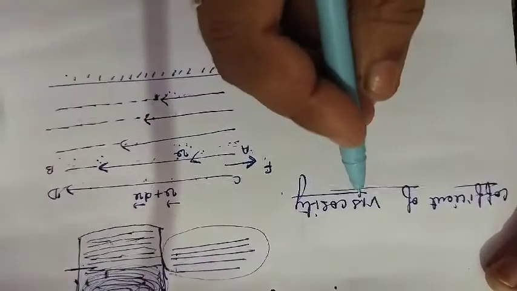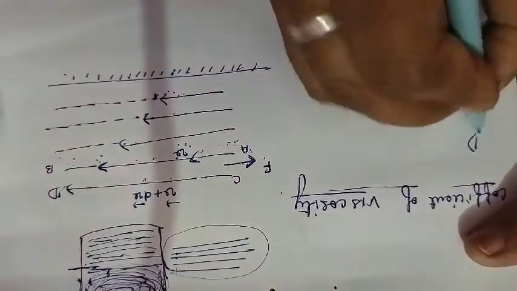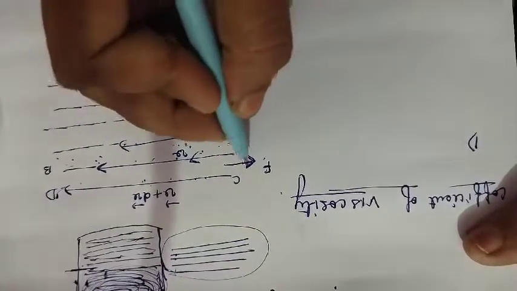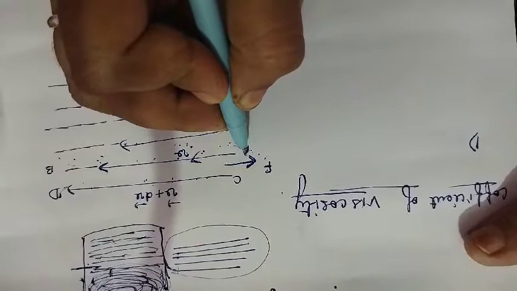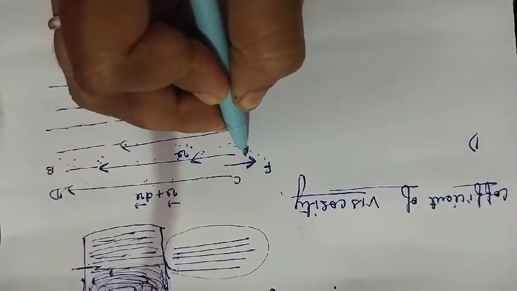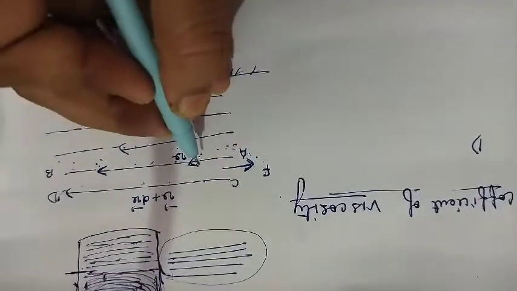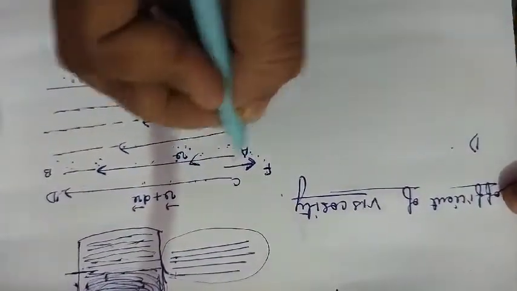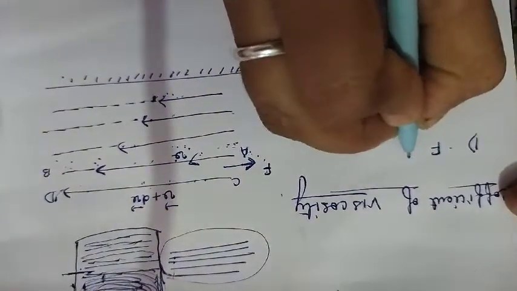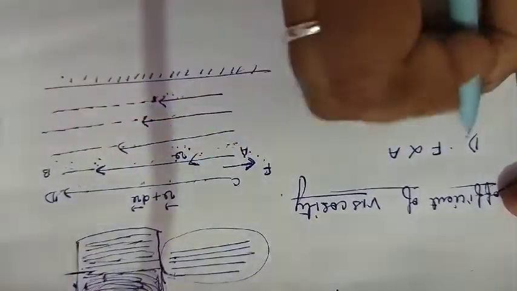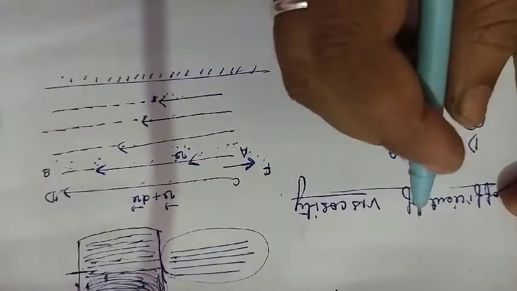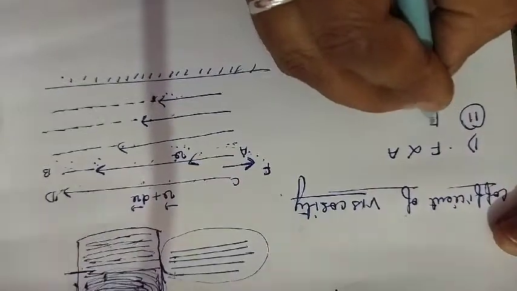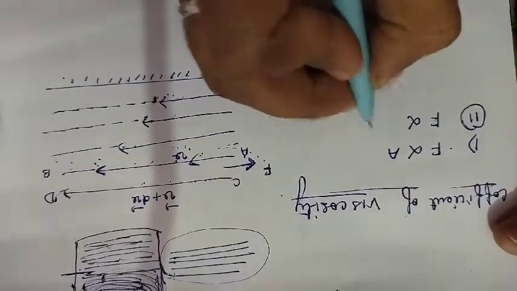This force, also called the viscous drag force, is, number one, directly proportional to the area of the layer, F proportional to A, and number two, directly proportional to the velocity gradient.